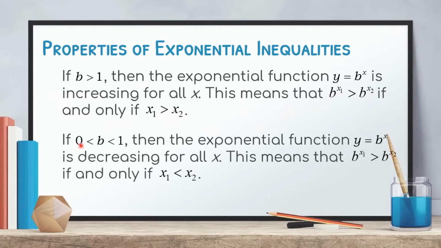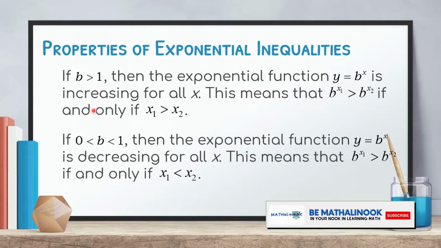Another one, if b is greater than 0 but less than 1, then the exponential function y equals b raised to x is decreasing for all x. This means that b raised to x sub 1 is greater than b raised to x sub 2 if and only if x sub 1 is less than x sub 2.